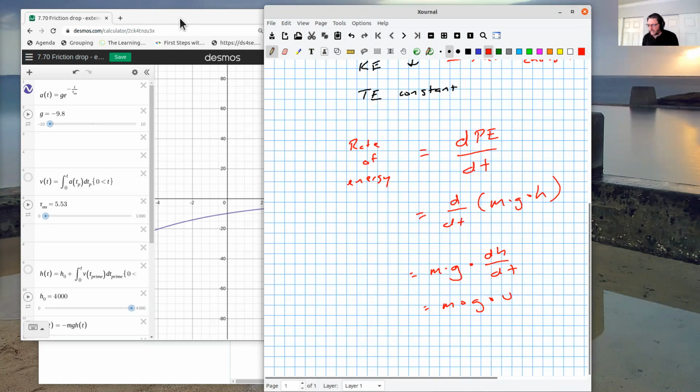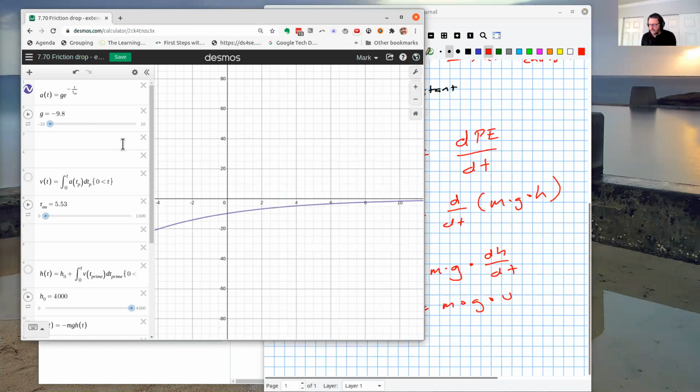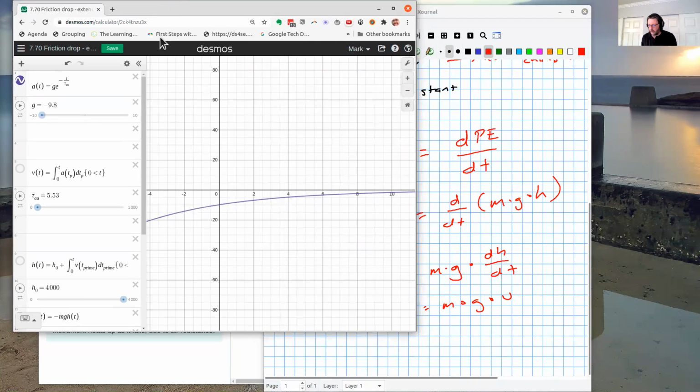Okay, so let's look at some of these equations. I've set up the acceleration function with the right tau so that the acceleration drops towards zero pretty quickly. So this is what the velocity would look like. It starts out at zero, and then as time goes on, the velocity steadily increases in the downward direction. And it's going 27 meters per second after 4 seconds, and 41 meters per second after 8 seconds.